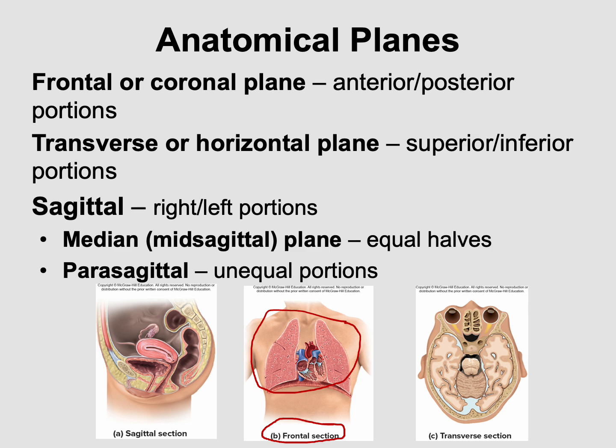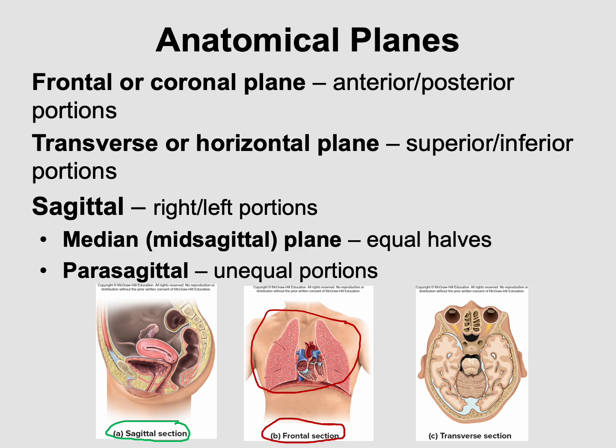On the other hand, we have the transverse or horizontal plane, which can be seen in picture C, which divides the skull in this example and the brain into superior and inferior portions. Finally, as I mentioned, the sagittal plane divides the body into right and left, and we've got the example of that in picture A.